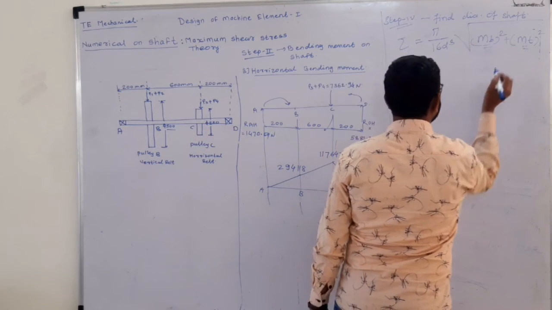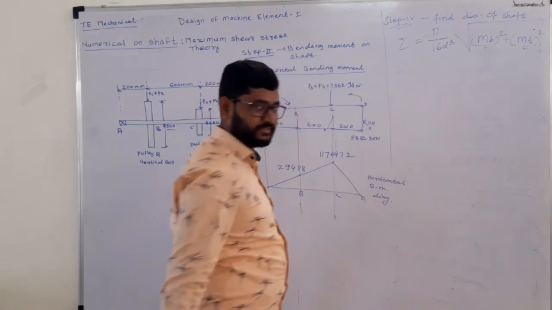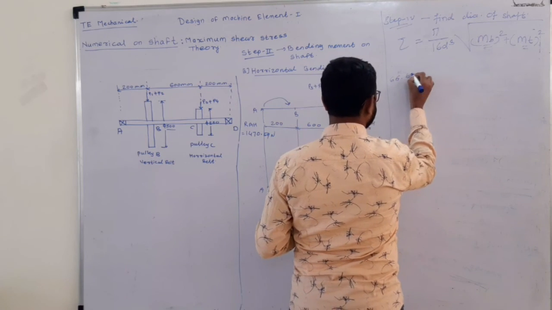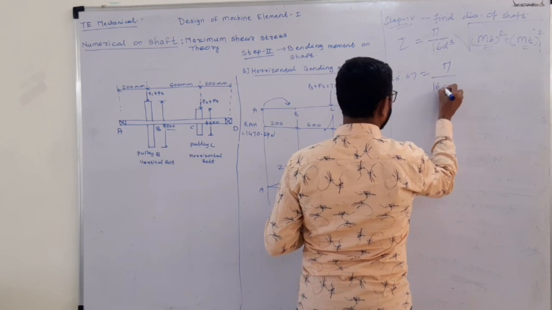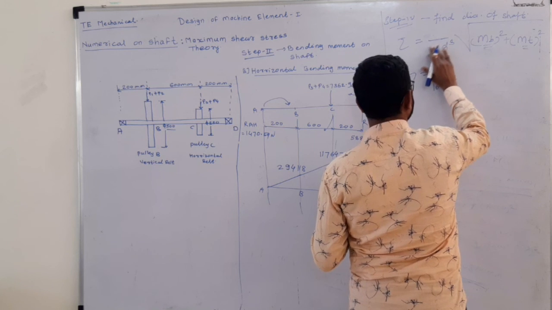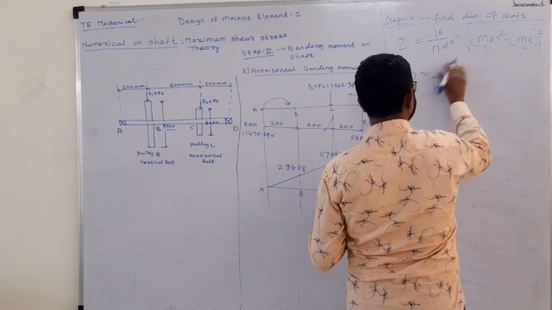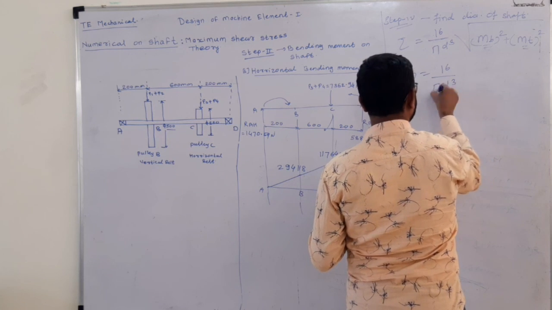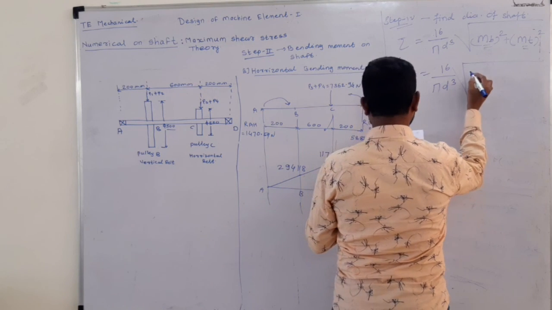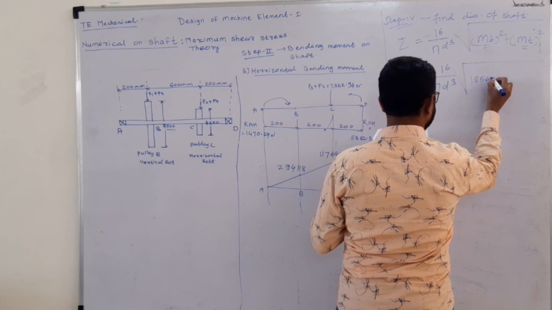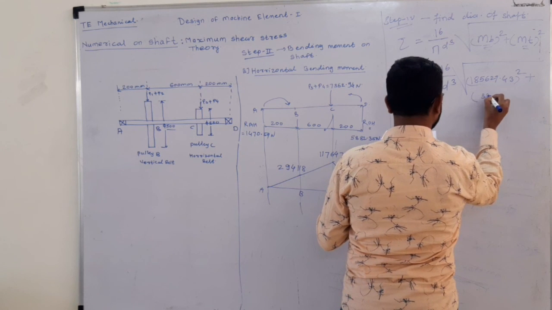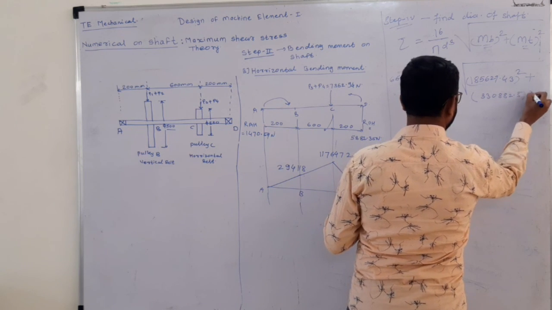So by just putting the values of MB and MT and the permissible shear stress tau, 6.67 is equal to 16 upon pi d cube under root of MB, which is 185,627.43, and MT, which is 330,882.5, squared.